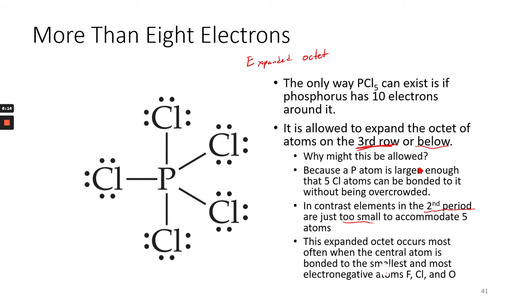But if you're going to have an expanded octet, most often you're going to be bonded with the smallest and most electronegative elements, which are fluorine, chlorine, and oxygen. That's not to say you can't have an expanded octet that's bonded to a different element, but these are the most common that will occur.